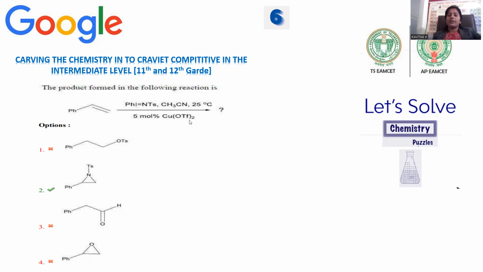But our focus should be on this styrene double bond and this double bond NTs part.